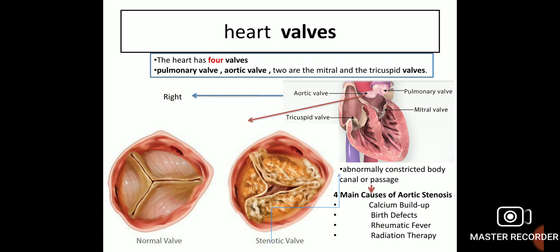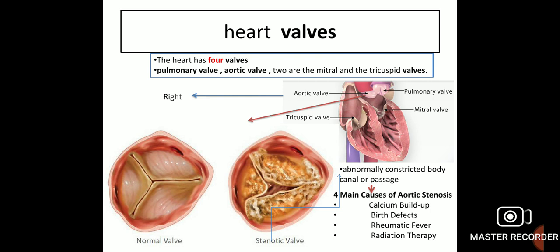This is the canal or passage which is required to maintain the blood flow or any flow. We generally use valves in daily routine to make the flow unidirectional, so that the blood will not come in the opposite direction.